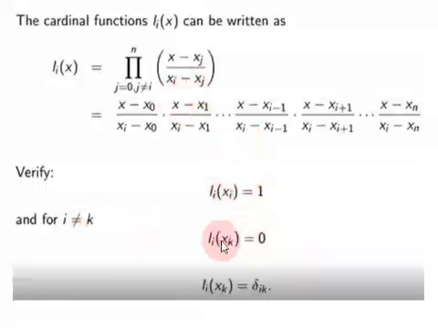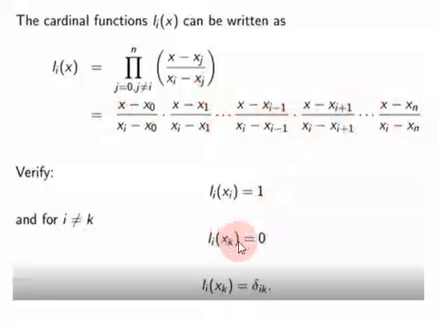So here, when you plug in x sub 1, what happens to this factor? This factor becomes 0. Then everything collapses to 0, because one factor equal to 0 means the product is equal to 0.